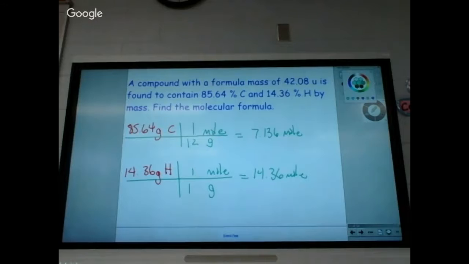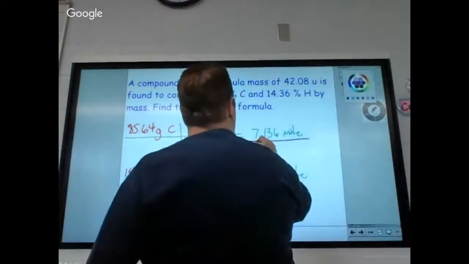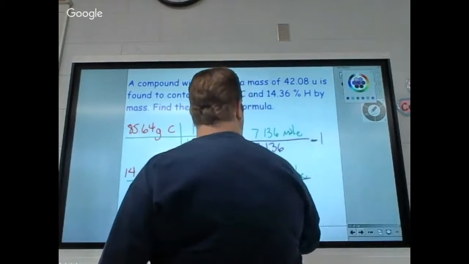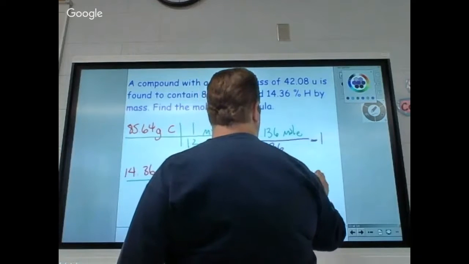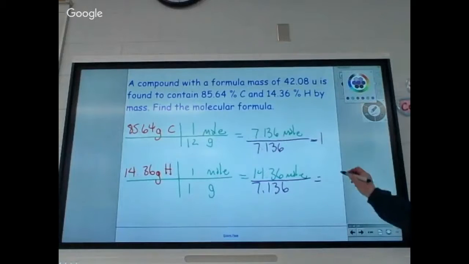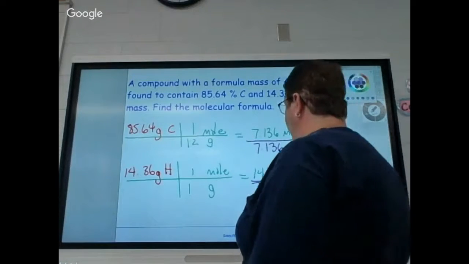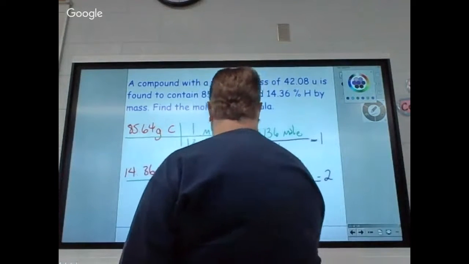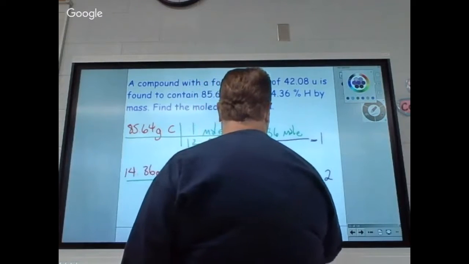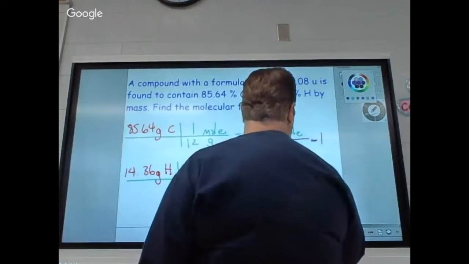What's the smallest number? 7. So dividing by 7.136 gives me a 1. Divided by 7.136 there gives me a what? So what do I end up with? C1H2. Now, that is the empirical formula.